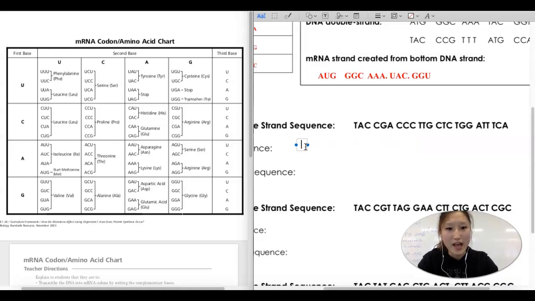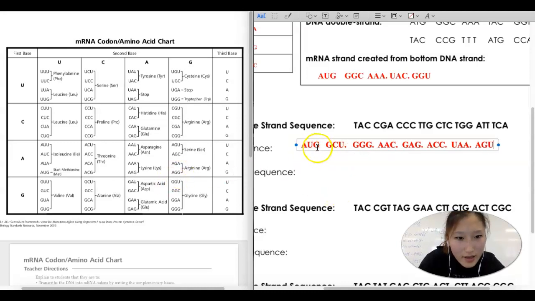T matches with A, A matches with U, C matches with G, and we continue on. We have G, C, U, G, G, G, A, A, C, G, A, G, A, C, C, U, A, A, G, U. I really hope I'm right.